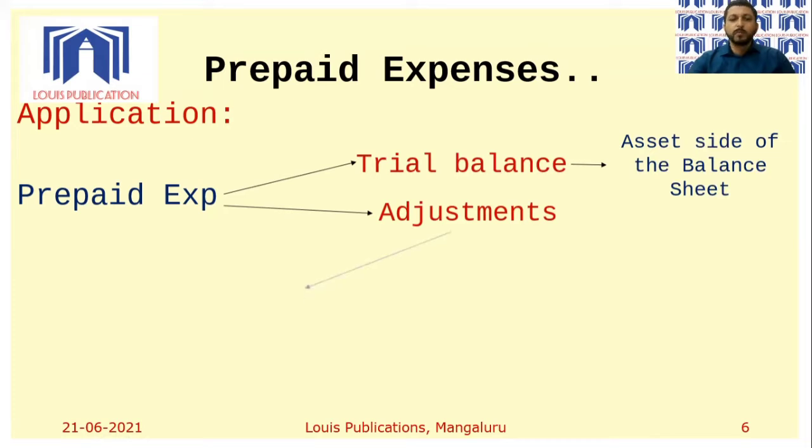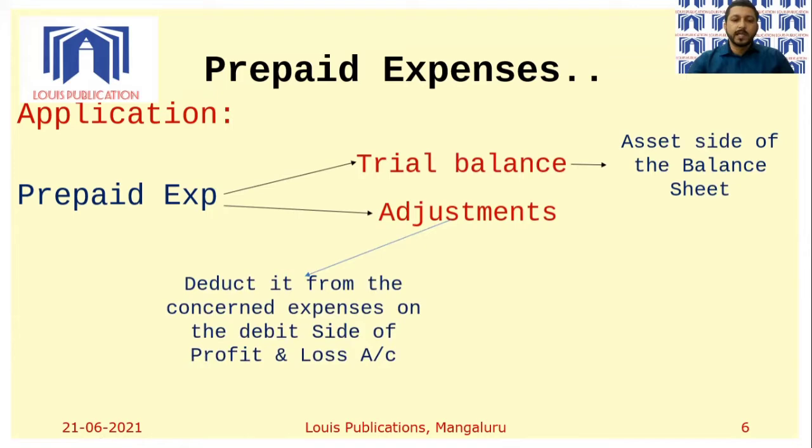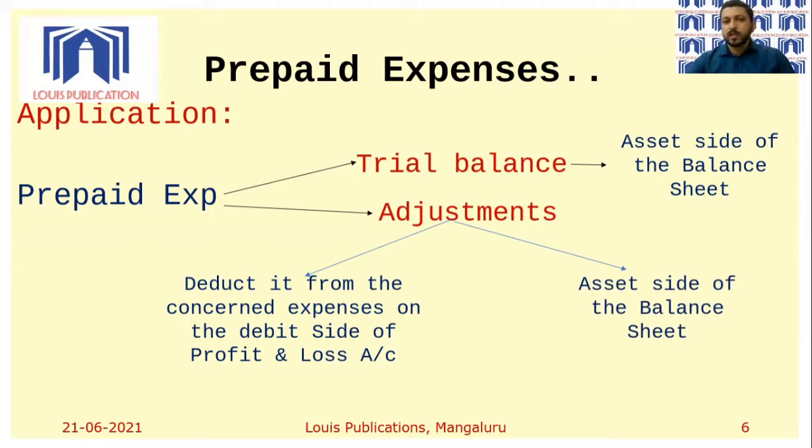The first effect is that such prepaid expenses will be deducted from the concerned expense on the debit side of the profit and loss account. The second effect is that it will be shown as an asset on the asset side of the balance sheet. So this is the application of prepaid expenses if it is given in the trial balance and if it is given in the adjustments.